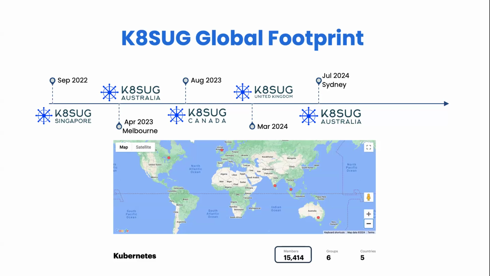Then we went to Canada, UK, and we are now expanding to Sri Lanka. Soon we are expanding to two more countries besides Australia, and news is coming. I'm traveling at the end of the year to the US to try to expand there too. And let's go, because the Kubernetes turnout is really out of this world. K8SUG is the most active meetup today.